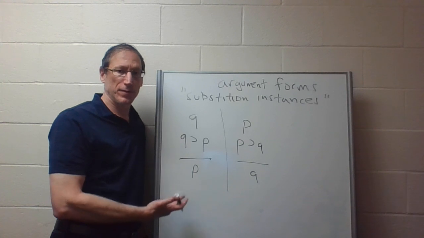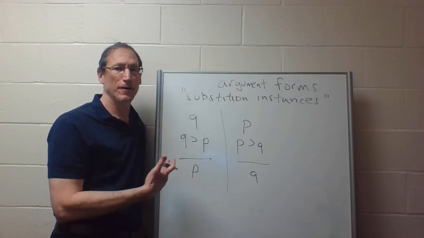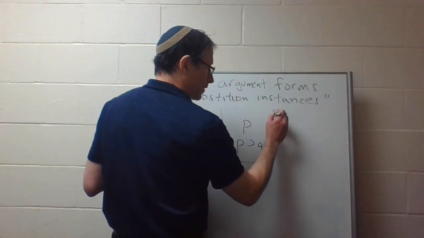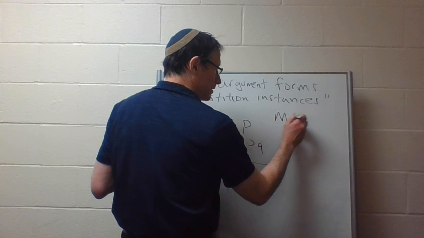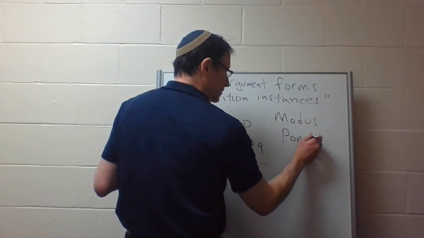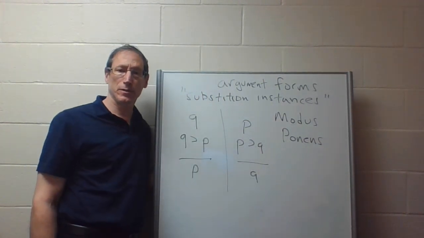Now, there is a name for this argument form, and you have to remember the names of argument forms. This is called modus ponens. I won't try to give you a Latin lecture about why it's called modus ponens.